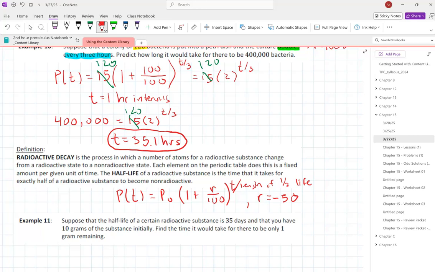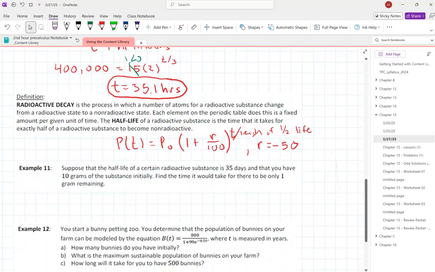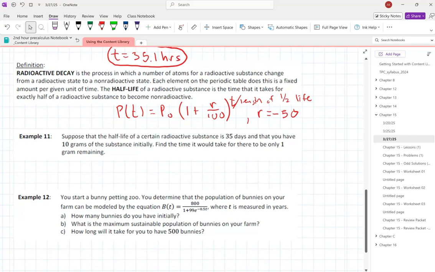If the half-life's measured in days, then it'll be days. If the half-life's measured in hours, then it'll be hours. Or if it's in picoseconds, it'll be in picoseconds, if you have something like a synthetic radioactive element that exists for just a fraction of a second inside a particle collider or something.